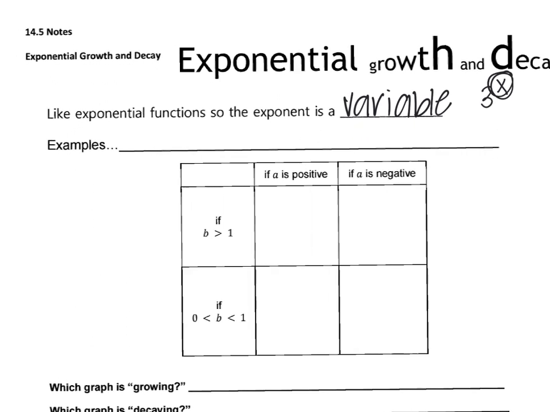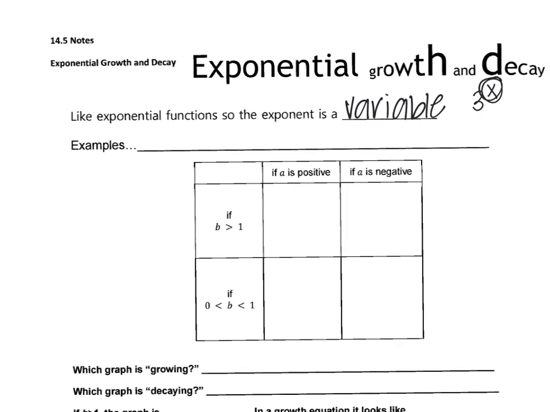Now, some examples of exponential growth and decay. You probably think of it and you probably heard of different things, but like bacteria, it grows exponentially. Savings accounts.